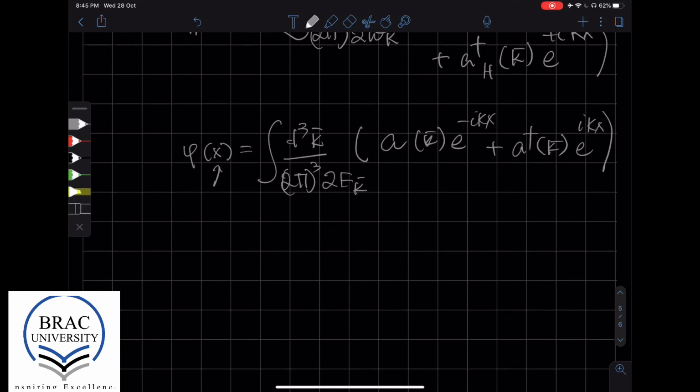And this looks exactly like the expression that we derived for the Fourier series for the classical case. But in this case, there is a very important distinction: phi is an operator, a is an operator, a dagger is an operator.